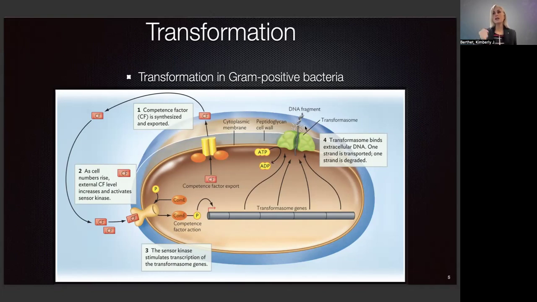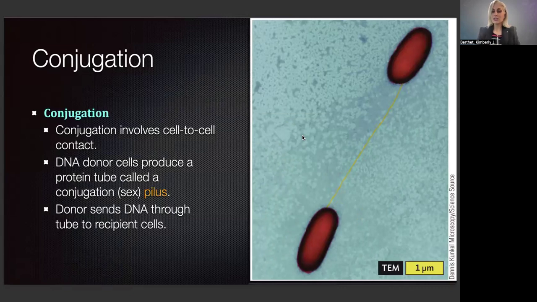So it allows us to pull DNA out of the surrounding environment. So transformation, here we see it in gram-positive cells, can be done with this competence factor. So the microorganism has to be competent in order to express the genes to pick up DNA in its surrounding environment. Let's look at conjugation.